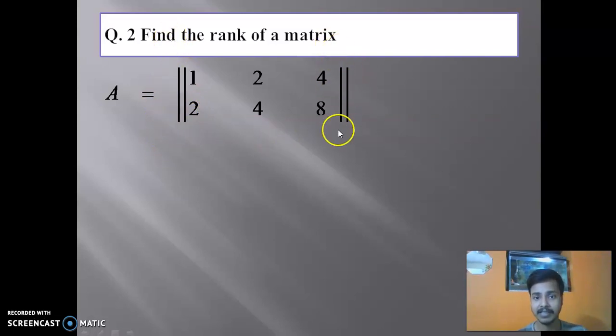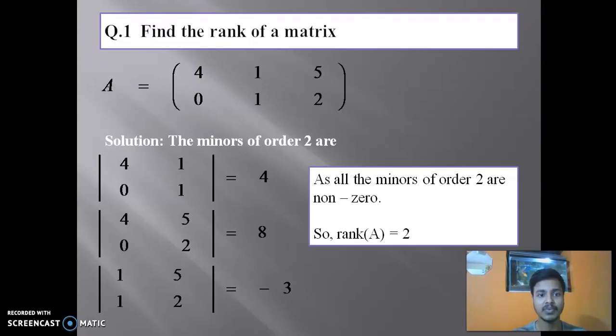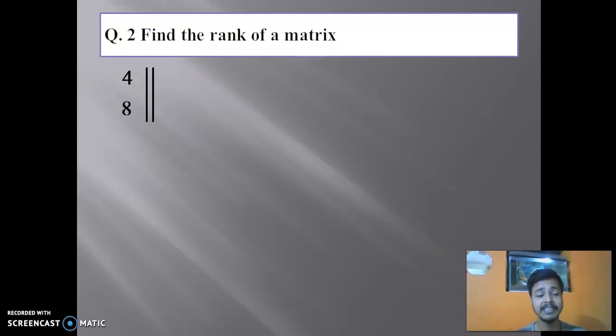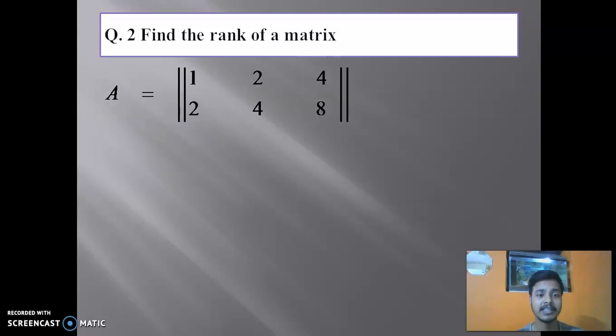People usually use the square brackets and the round brackets, as we saw in the last example. This is one notation, and the other is this one, which is a very rare notation that one knows for matrices. So this is the matrix and we have to find its rank.